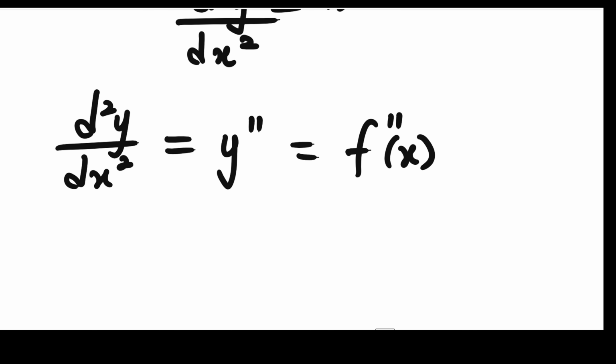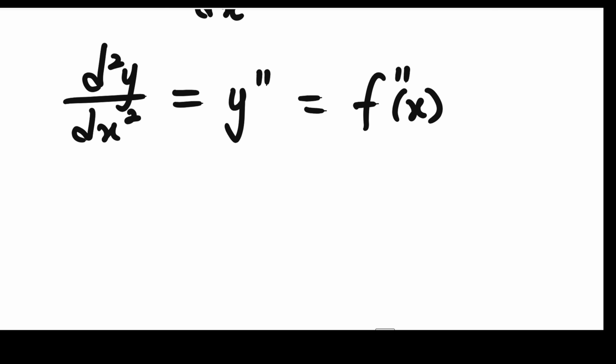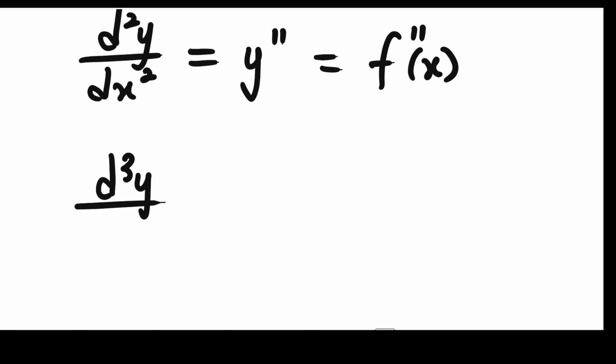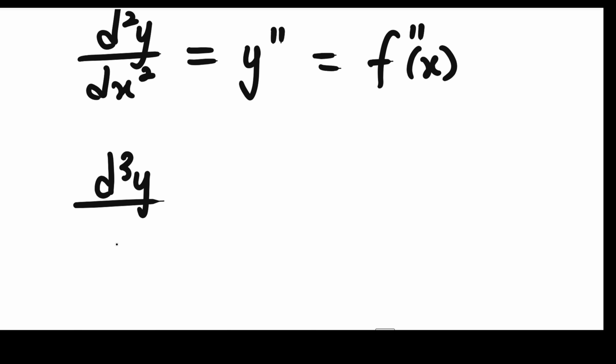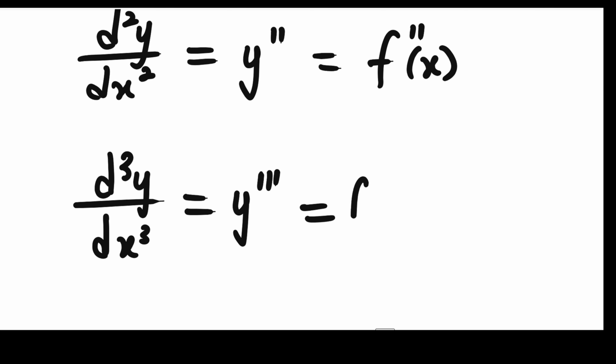So anytime you have these notations, it means you have to differentiate the function two times. So let us look at a situation where you need to differentiate the function three times. Suppose you have d cubed y over dx cubed. It means we are going to differentiate the function three times, and this will be the same as y prime prime prime, the same as f prime prime prime of x.